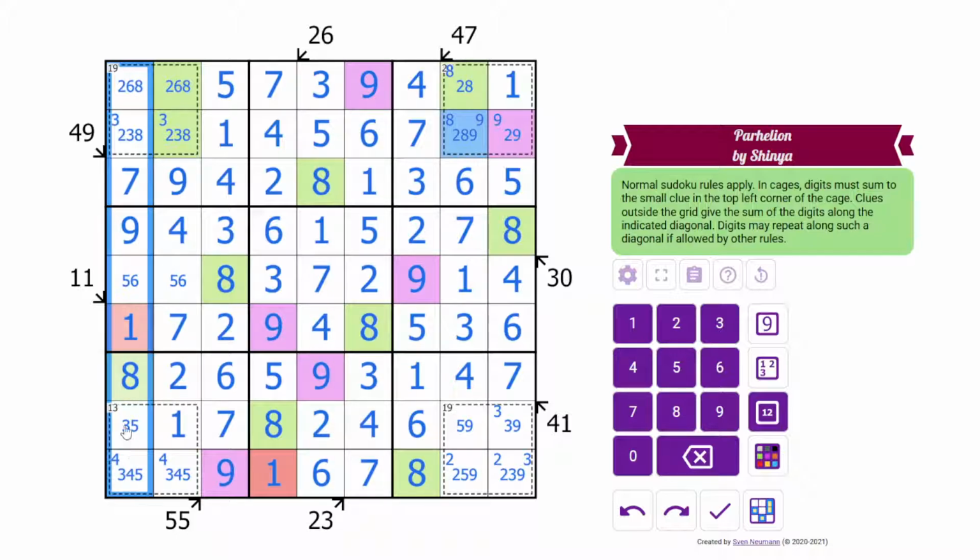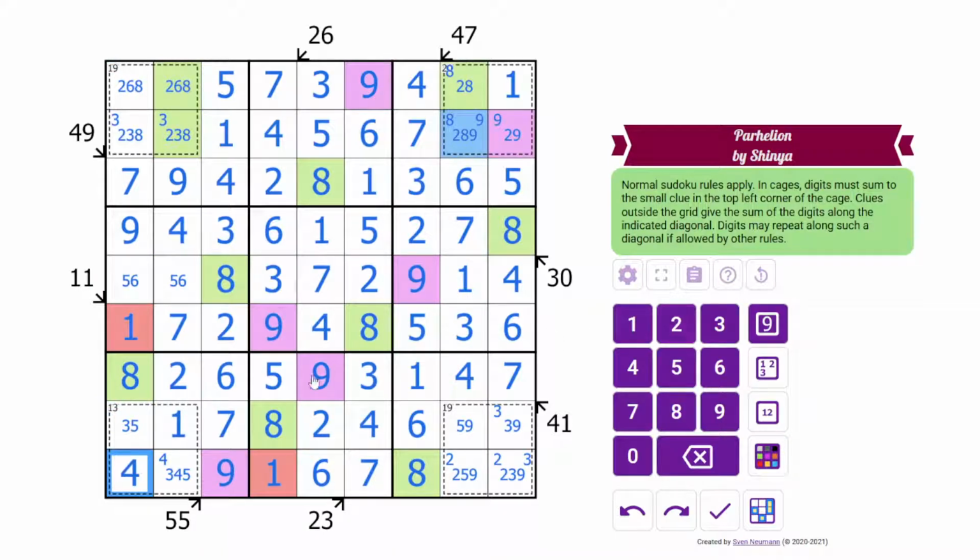Where does 4 go in this column? Can't go there, can't go there, can't go there. That's a 4. Come on, is that not sufficient? Is that actually not enough? 3, 5, 6, 8.